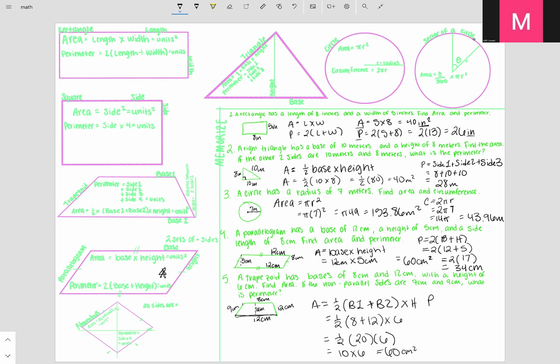And for the perimeter, we just add up all the sides. So we'll have 12 plus 9 plus 8 plus 7, which equals 36 centimeters.